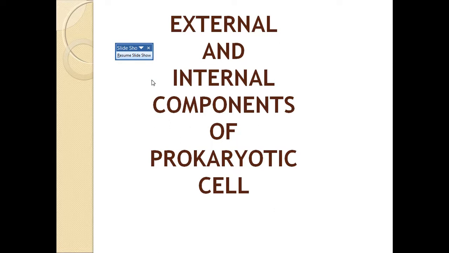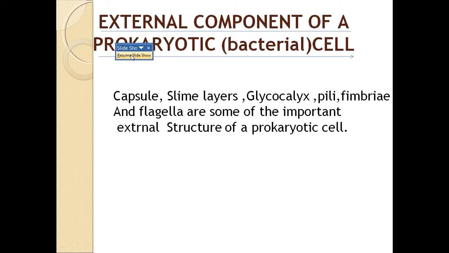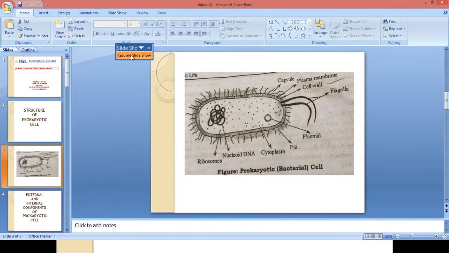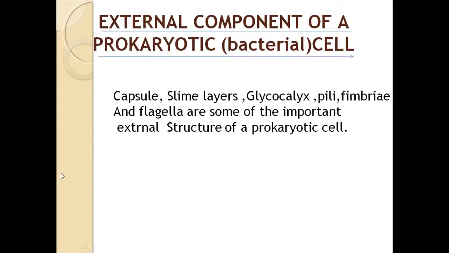We have seen the external and internal components of the prokaryotic cell. External components: just now we have seen the capsule, the slime layer, glycocalyx, villi, fimbriae, and flagella, some of the important external structures of the prokaryotic cell.